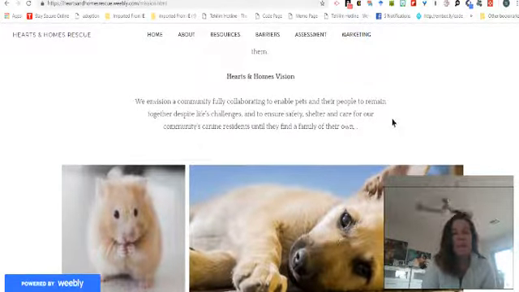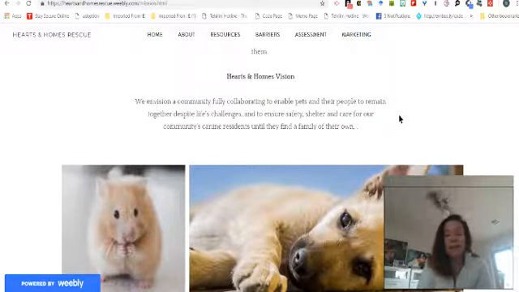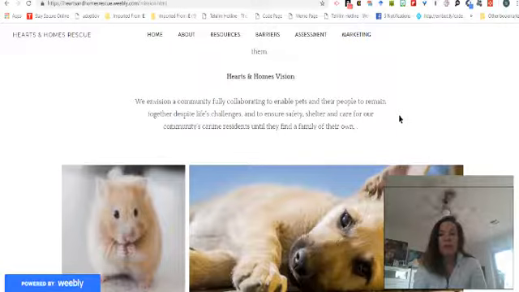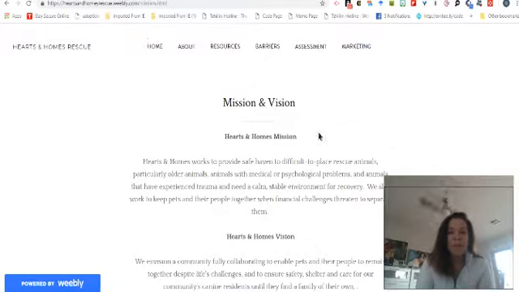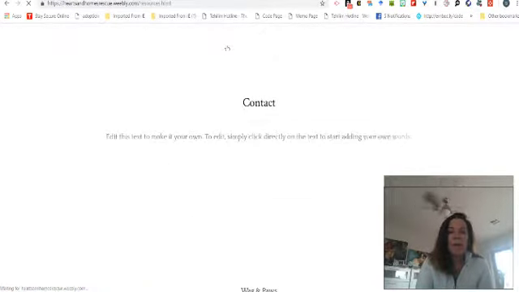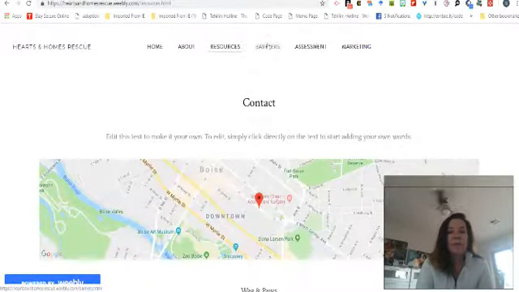All right, so my vision is a community fully collaborating to enable pets and their people to remain together despite life's challenges and to ensure safety, shelter, and care for our community's canine residents until they find a family of their own. Okay, so anyway, that's my mission and vision. I haven't filled in the rest of these.